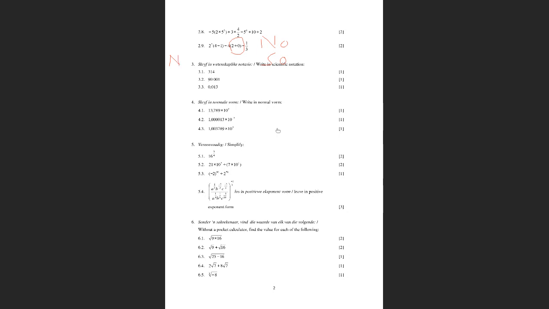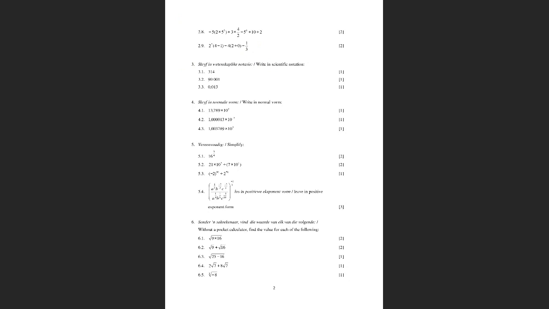Sir, can you please repeat the answer for 2.8? Yeah. Please, if you want us to repeat the answer, don't wait until the whole thing gets deleted. But let's do it again. Now 2.8, you do the one in the bracket first.